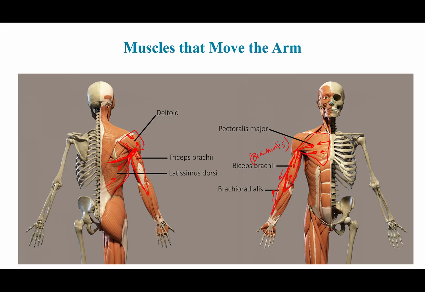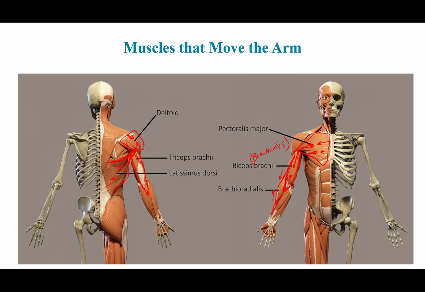And this triceps brachii here spans across the posterior aspect of the elbow joint, so it does extension. We're going to see a lot of these themes. It's the majority of the muscles in your body. If they pass the front, they're going to flex or bend your body part. And if they go in the back, they're going to extend, or do the opposite from the muscles that are in the front.